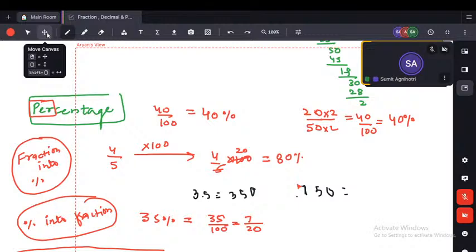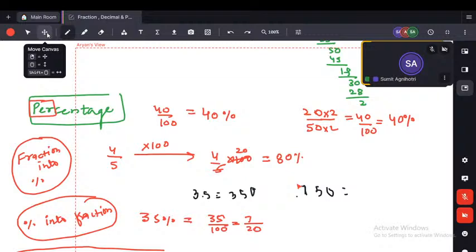Like now you can have 1/6. 1/6 is half of 1/3, sorry. Half of 1/3 or 1/3 of half. Okay, you can deal like this.